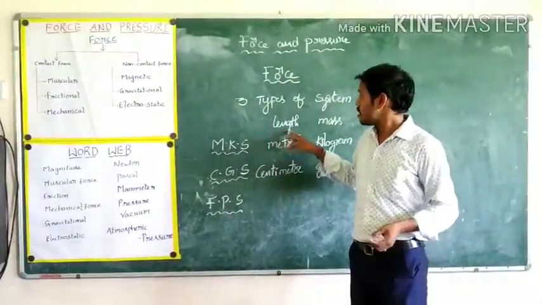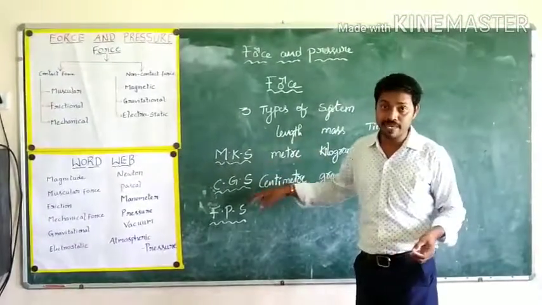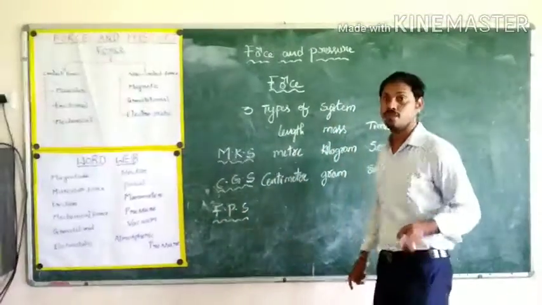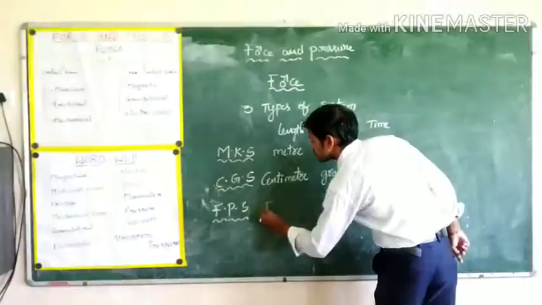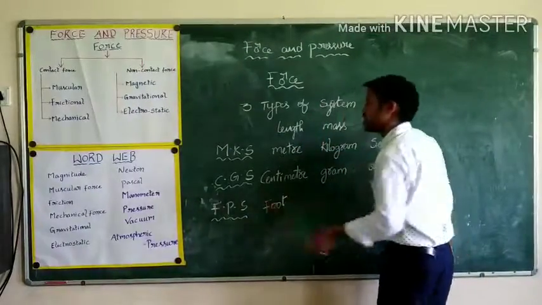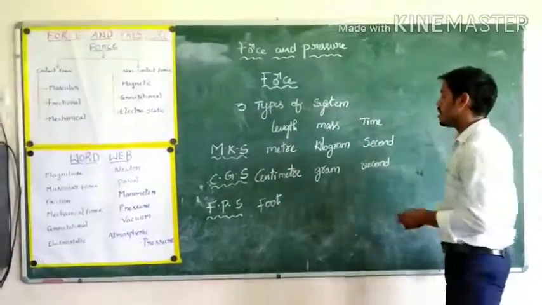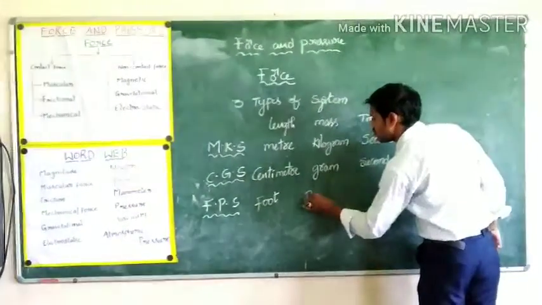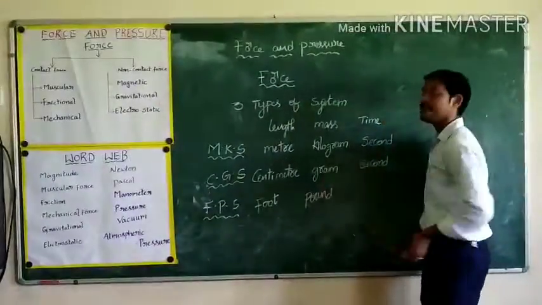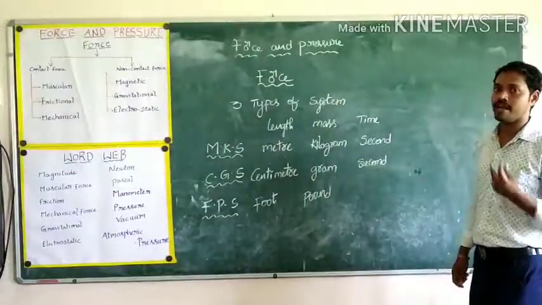The last system, FPS. What are the units for length in FPS system? Here F means foot. Foot is the unit for length in FPS system. What is P? P means pound, and it is the unit for mass.